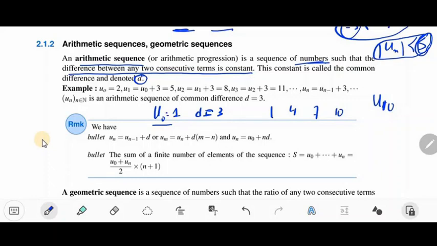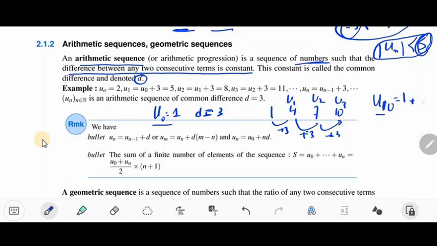Yes, of course, because it's equal to the first term plus how many times I added 3 to arrive at the 10th term. So I added 3 in here to obtain U1, and then I added 3, I obtained U2, and then I added 3 to obtain U3, etc. And then when I add 10 times 3, I will obtain U10.